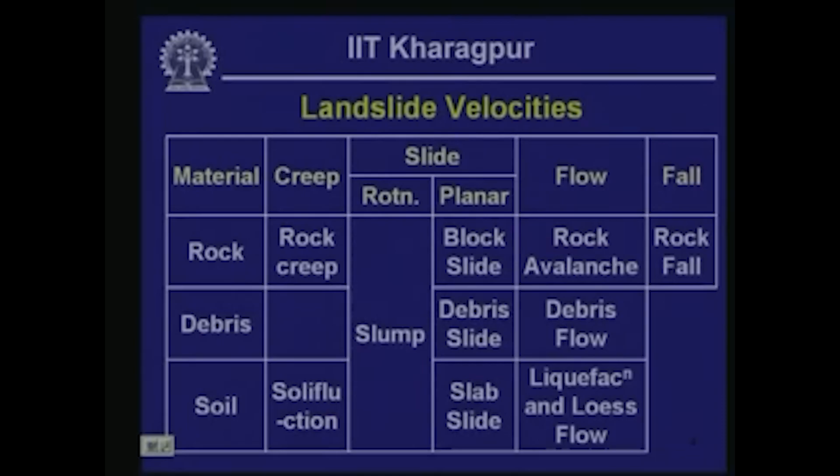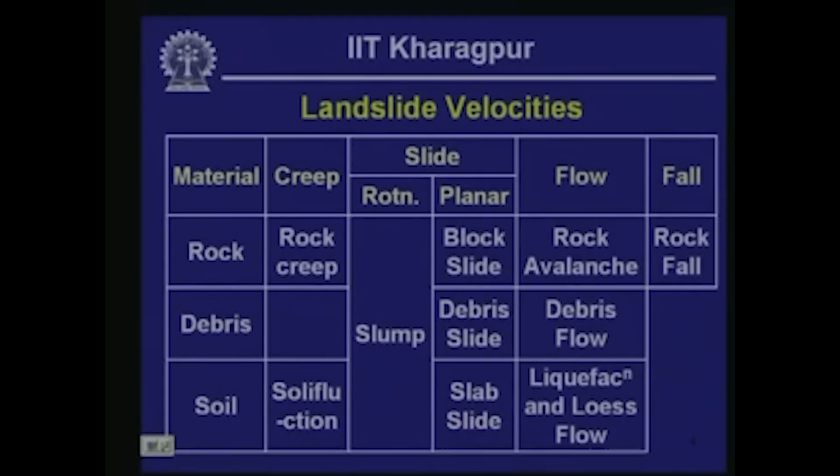Now the first phenomenon that we looked at in the previous lesson was creep, and we can have in this respect rock creep, or another process that I discussed previously involving wetting of soils as a result of melting of surface snow, that is called solifluction, and because of that wetting the soil tends to creep downslope at the end of every snow melt season.